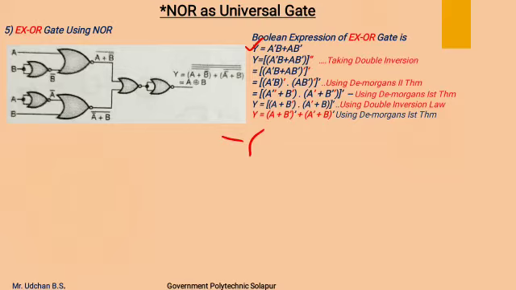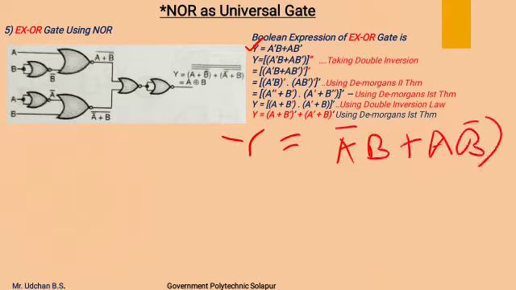I will take double complement of the left hand side, that is A complement B plus AB complement, its double complement. Here we have to convert this ANDing operation and this ANDing operation into a OR operation.